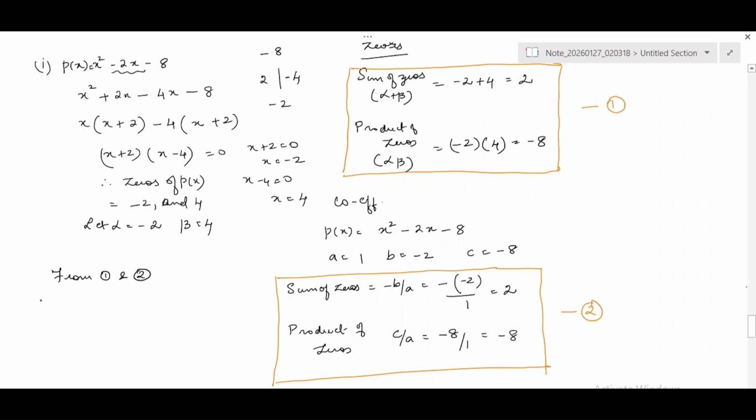We verify sum of zeros and product of zeros and coefficients between zeros and coefficients. Hence proved.